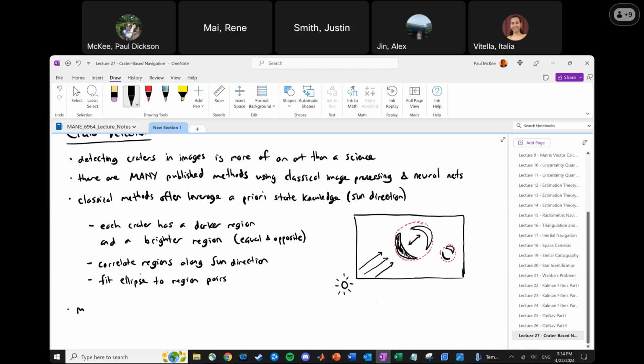Machine learning methods typically involve a neural network. So I am skeptical of machine learning and neural networks in spacecraft navigation.